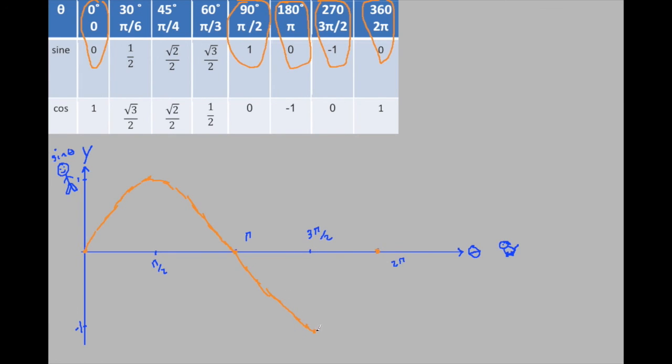Okay, this is the best that I can do. Mr. Sine at his initial point was at 0, went to 1, back to 0, went to -1, and back to 0, which was his initial position.